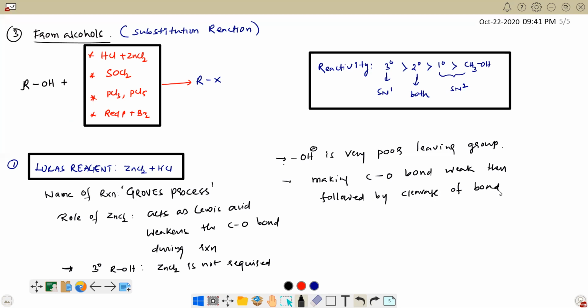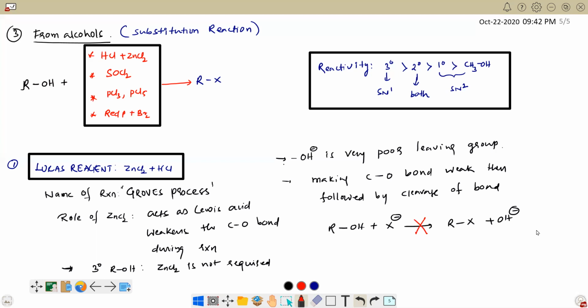Understood? So generally, what do you expect? If you write like this, ROH plus, suppose X minus, so we get RX plus OH minus. Now we can write this on paper very simply, but in reality this won't happen.